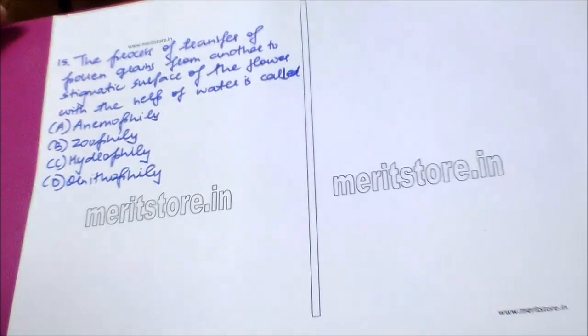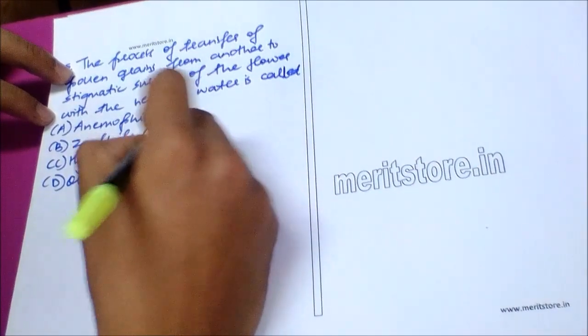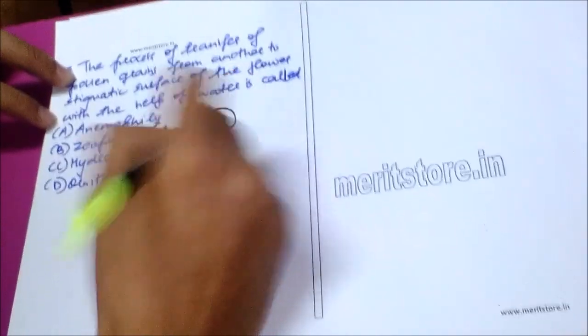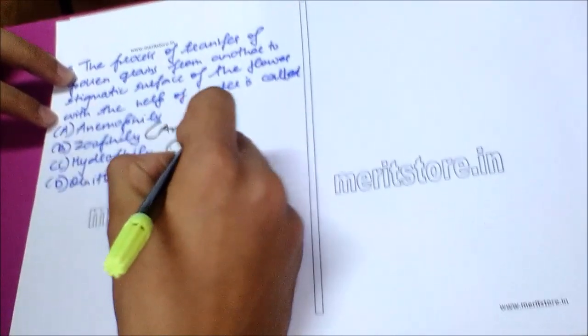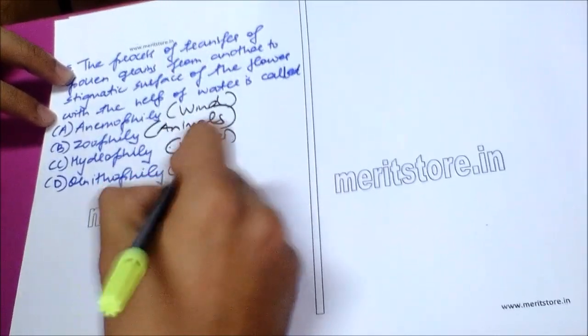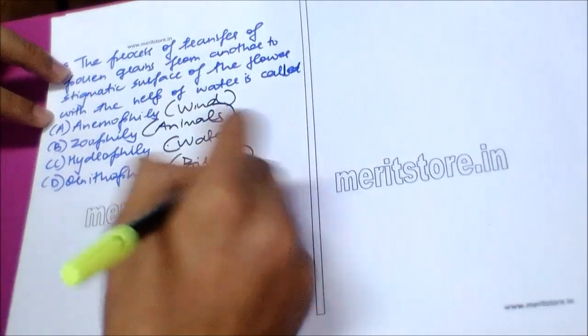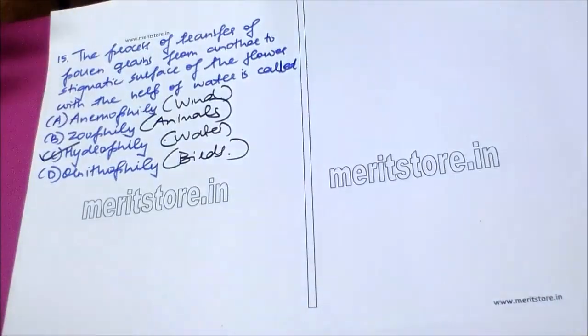The process of transfer of pollen grains from the anther to the stigma surface of the flower with the help of water is called option A, anemophily, option B, zoophily, option C, hydrophily, and option D, ornithophily. Zoophily refers to transfer by animals, hydrophily to water, anemophily to the agency of wind, and ornithophily with the help of birds. So the answer to this question is option C, which is hydrophily.